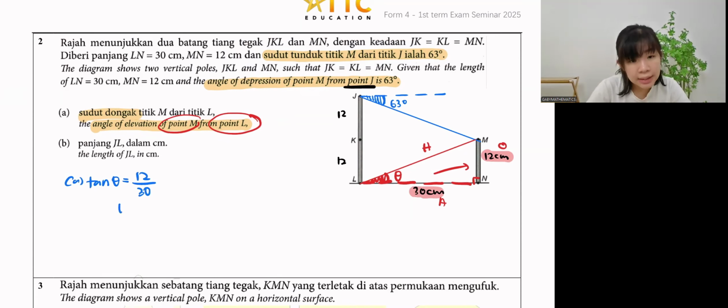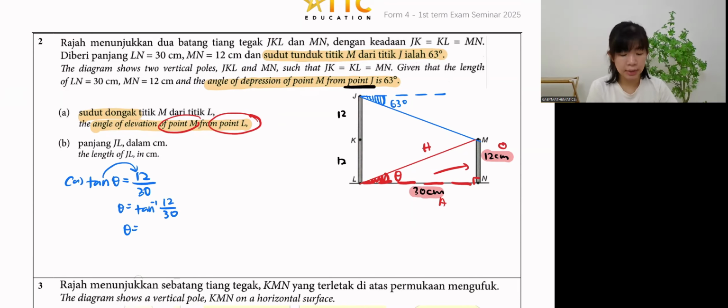If I want to find theta, I want to find angle, this tangent bring over becomes tangent power -1, 12 over 30. So now everybody key in your calculator. If you want to find angle, you need to press shift.